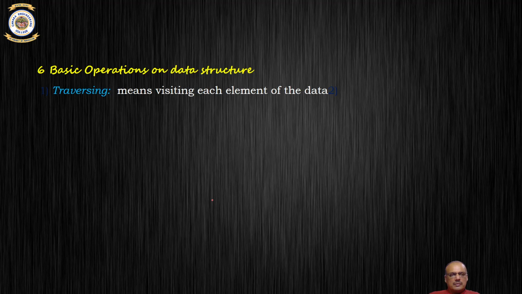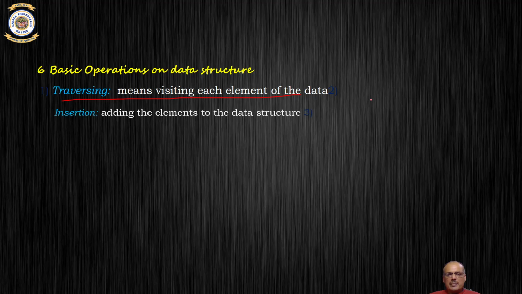In any data structure there are some 6 basic operations that need to be supported. First thing is traversing, or traversal. In any given data structure we should be able to traverse or go through all the elements of that data structure. We should be able to insert and delete elements in this data structure.